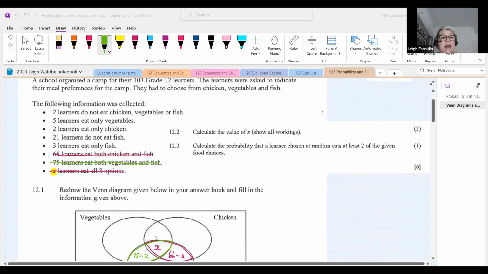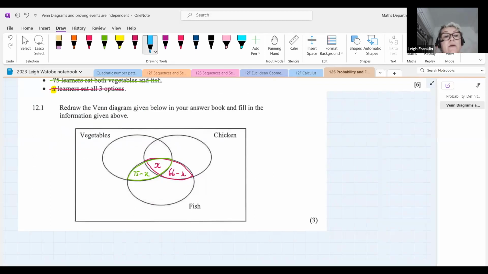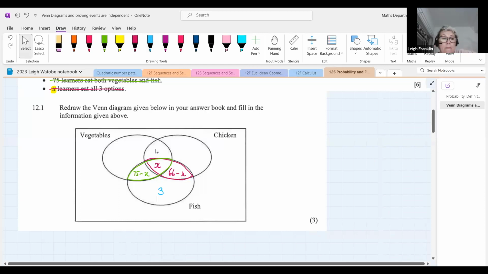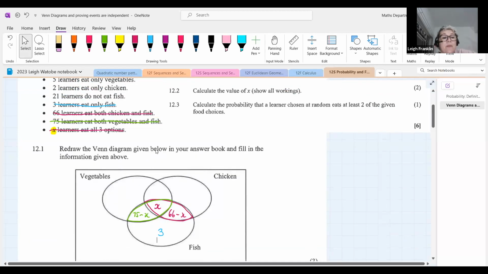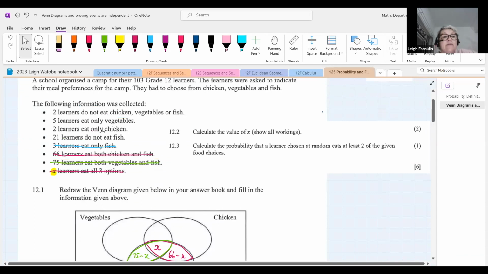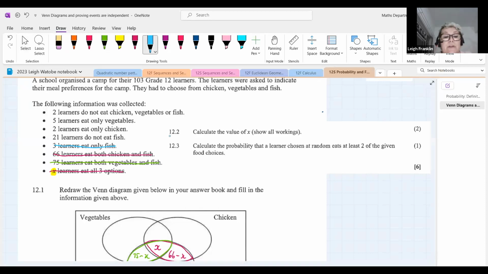Now go up. Let's see if we can fill in this region, chicken and vegetables. Above here, we see 3 learners eat only fish. So we can cross that out and we will put the 3 over there because that is fish only. Then they tell us that 2 learners eat only chicken, so that 2 will go over here.